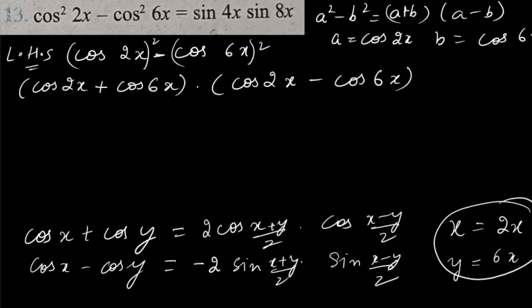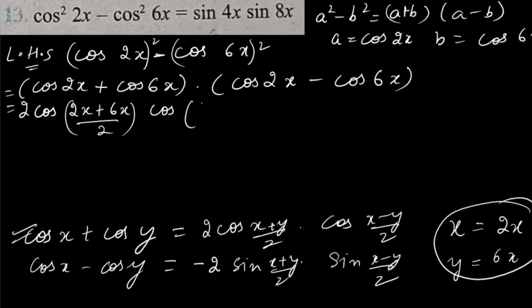Now first I am going to use cos, so this is 2 cos x plus y by 2, where x is 2x, so 2x plus 6x by 2, into again cos 2x minus 6x by 2. So cos x plus cos y I have just converted into 2 cos x plus y by 2 into cos x minus y by 2.